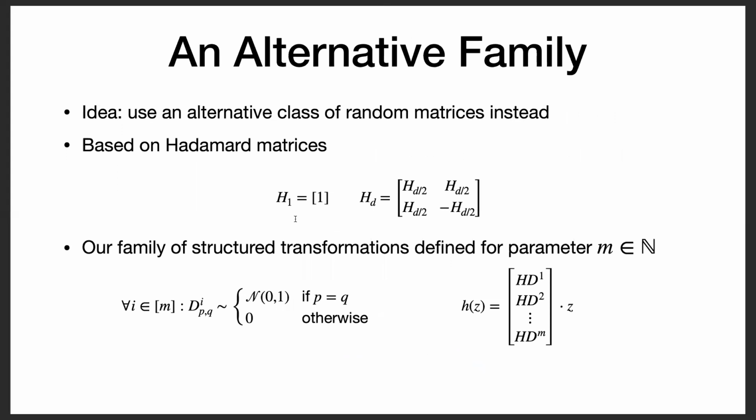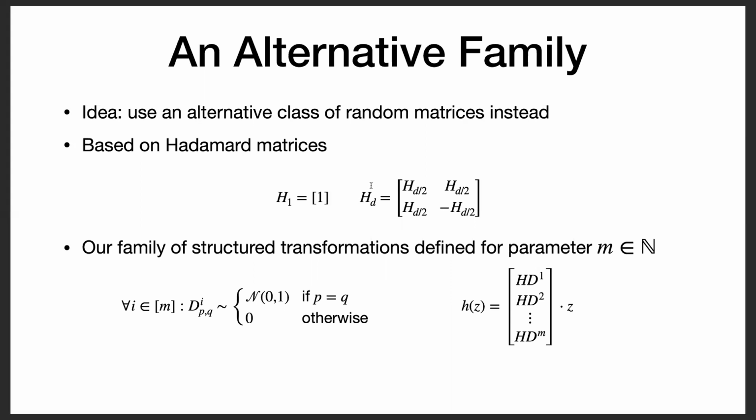A natural approach is to use an alternative family of randomized matrices instead. These are going to be structured matrices based on a class of matrices called Hadamard matrices, and they're going to be defined recursively in the following way. The Hadamard matrix of dimension 1 is simply a 1-by-1 matrix with 1 as its only entry.